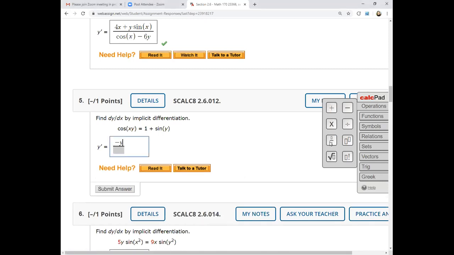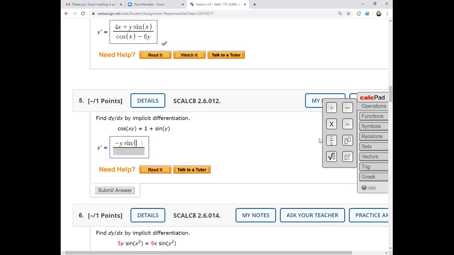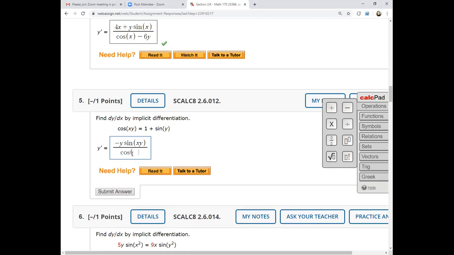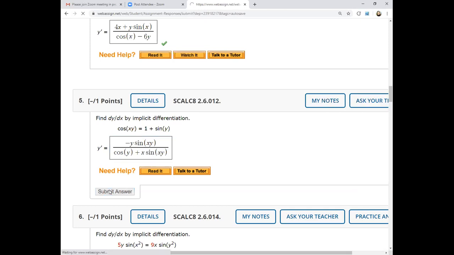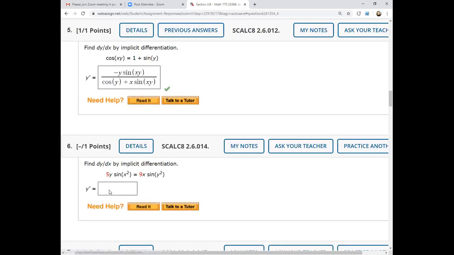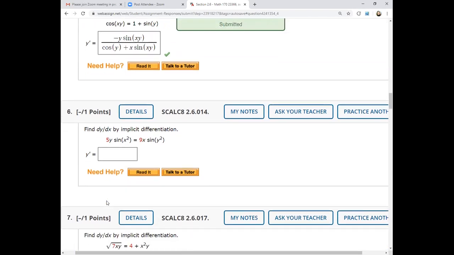I have negative y sine xy over cos of y? You have a negative in front of it? Oh, you do. Cosine of y plus x sine of xy. Do you have it? Yeah, it should take it. Yeah, it's good.